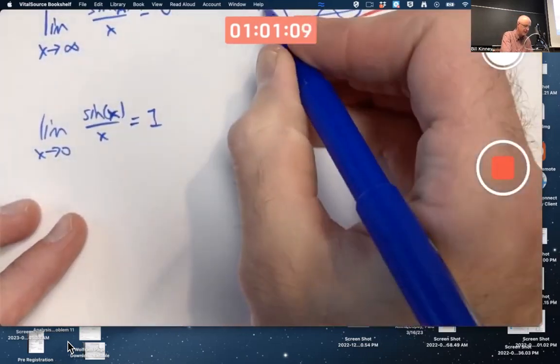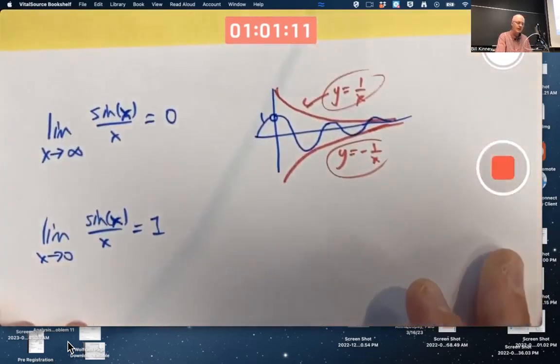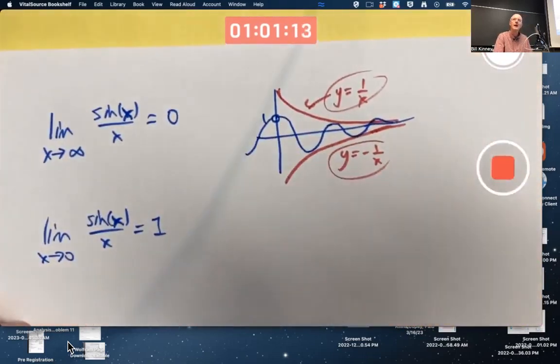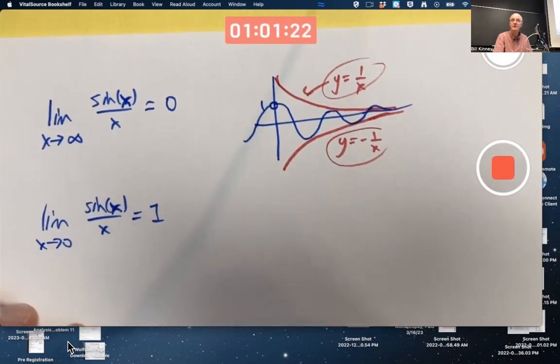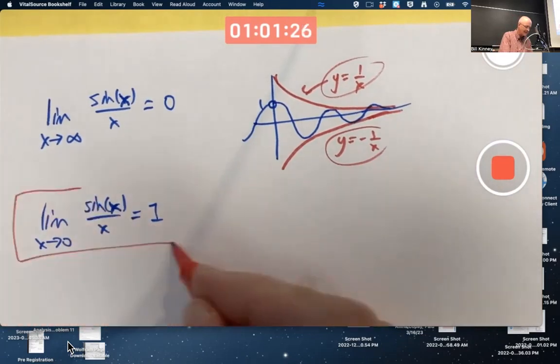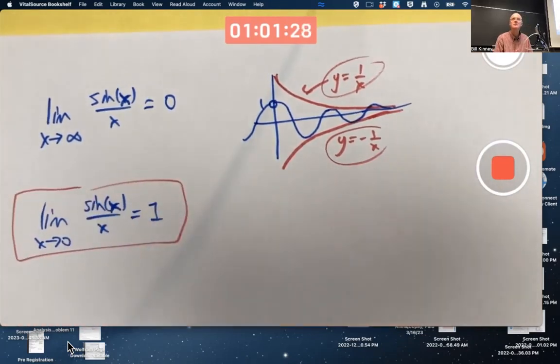You can also let x approach 0 from the left. In fact, this is an even function, and the limit as you approach 0 from the left will equal 1 as well. This is a limit fact that you should know as well.